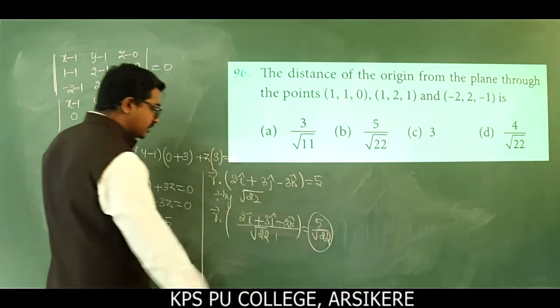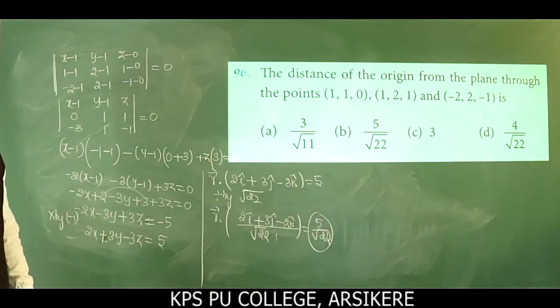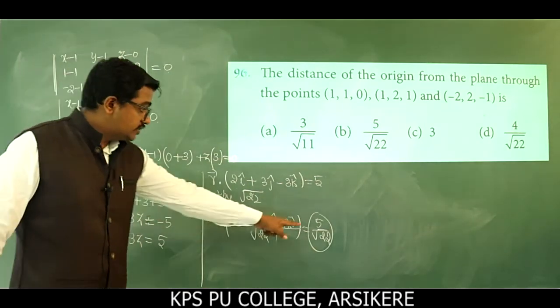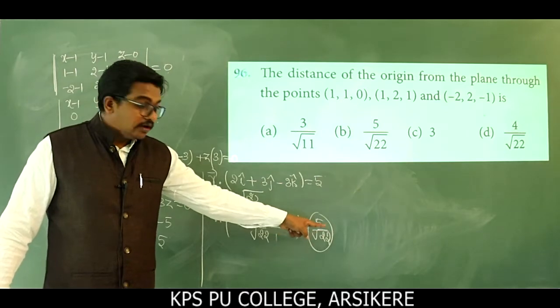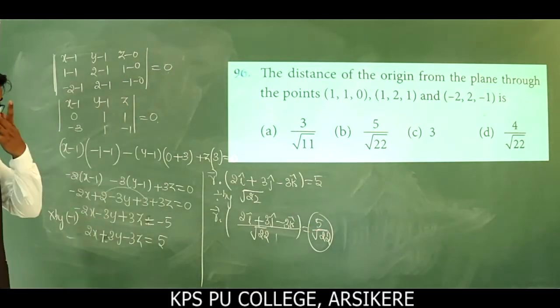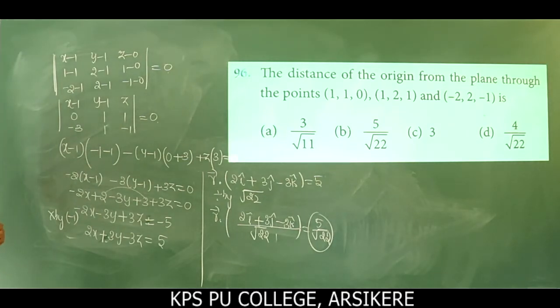So now this reduces to vector r dot n cap is equal to d, where d is the distance of the plane from the origin. So this becomes our d. Our distance of the origin from the plane is 5 divided by root 22. Option B is our answer.